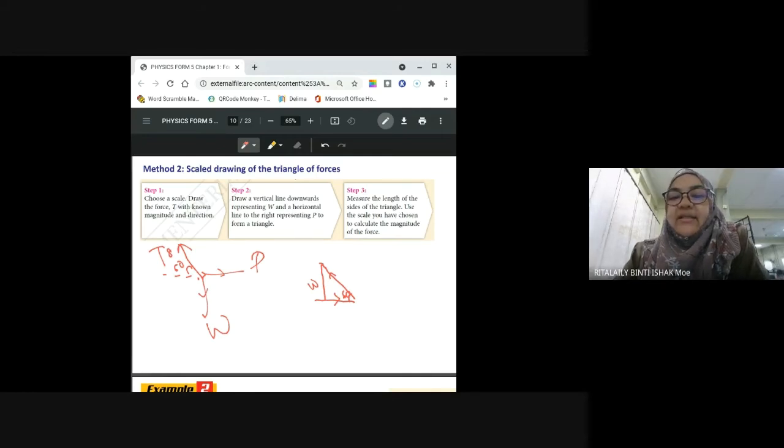Since T is 8, you have to draw a scale diagram, using a mathematical method, to get the length of W and also the length of P. So use a suitable scale, and since you know the angle of 60, you can calculate W and P using the triangle diagram. Since you have learned how to draw triangles in mathematics, you can draw how much W and how much P. And W and P are at 90 degrees.